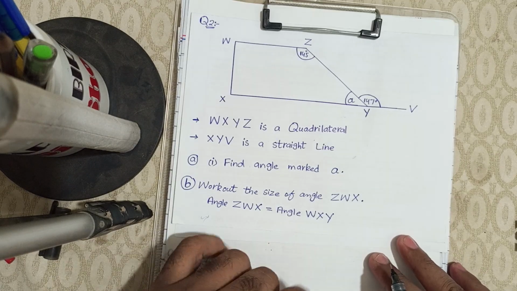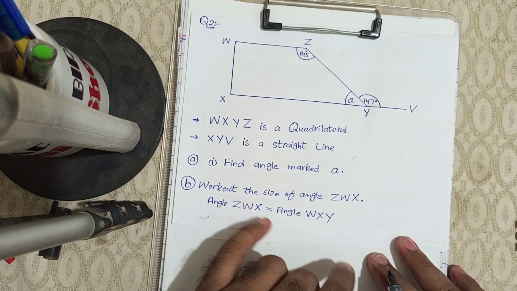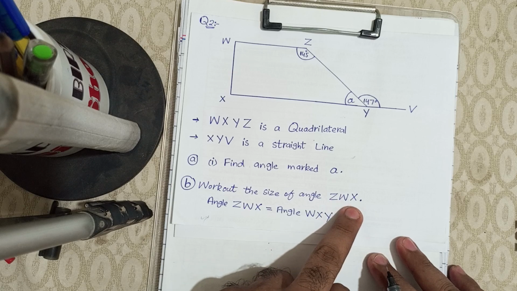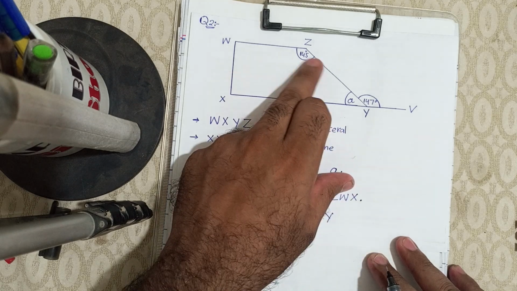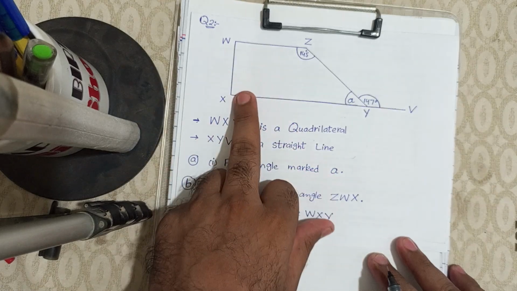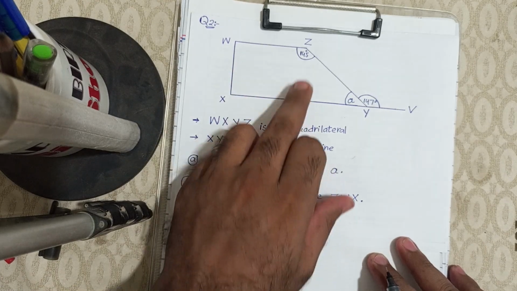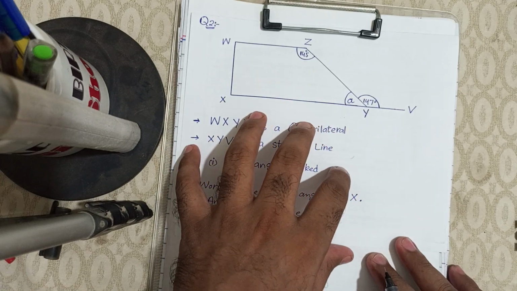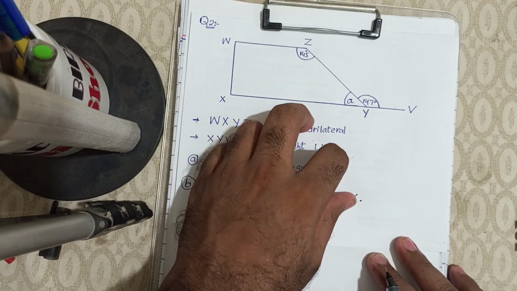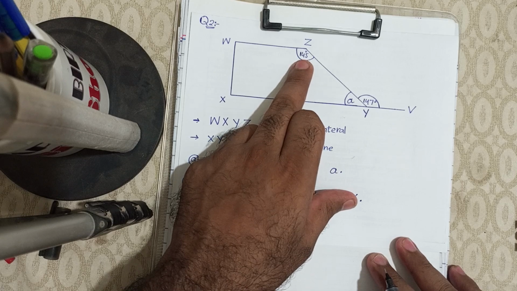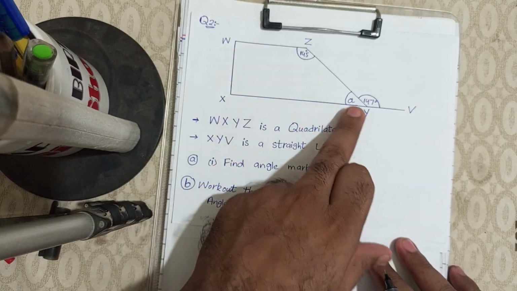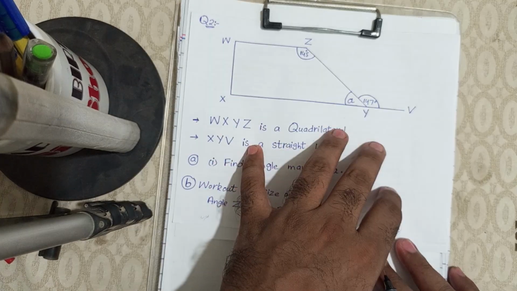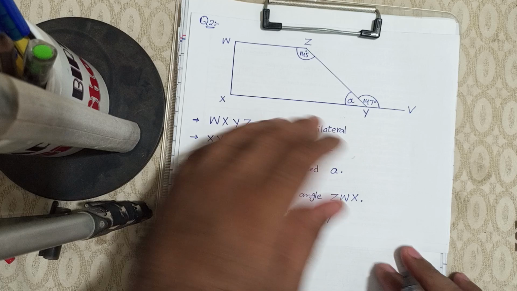In the second part, we calculate angle ZWX. So the given diagram is a quadrilateral. As you know, all angles sum to 360. We add angle ZWX and A. So all of these angles equal 360.